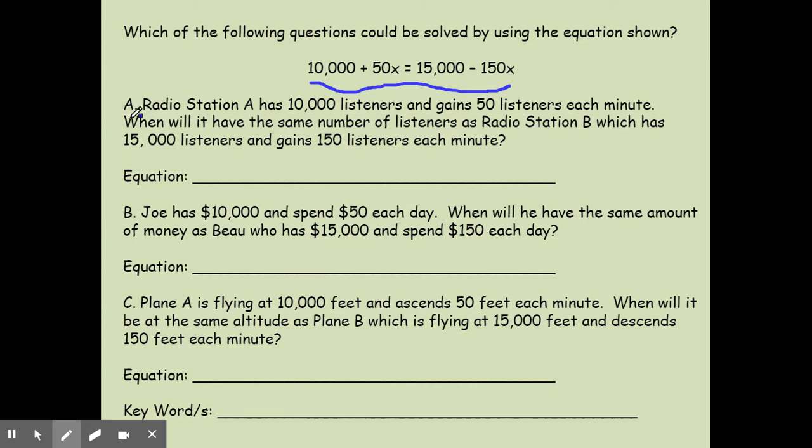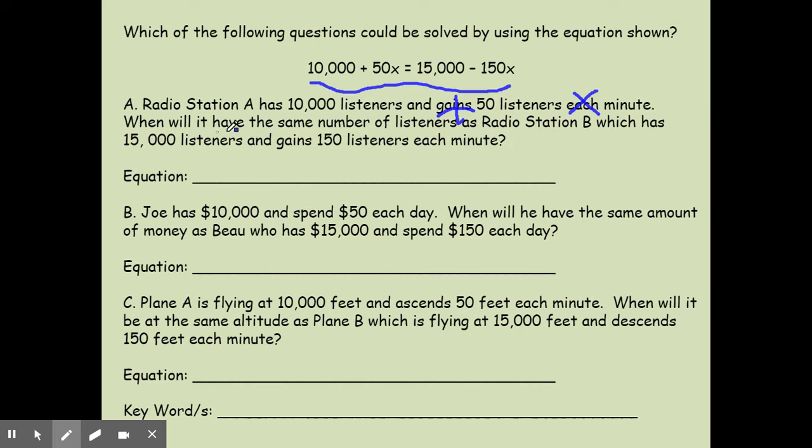Okay? So radio station A has 10,000 listeners and gains 50 listeners each minute. So each minute, I don't know how many minutes, so here goes my variable. And if I'm gaining listeners, that means I'm adding.